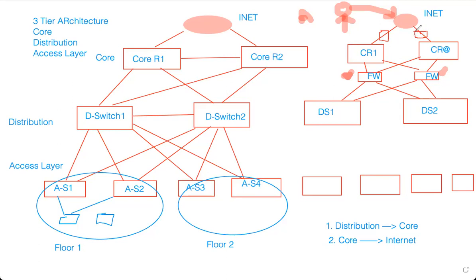So now there is no firewall here. It is just as plain as this design. But we put a firewall here and we put a firewall here, and the attacker is coming from the internet. Okay, we can block him here or we can block him here.